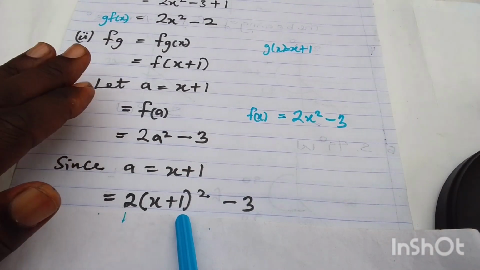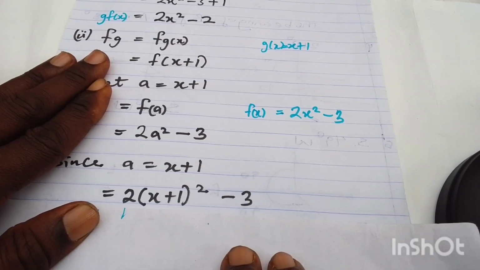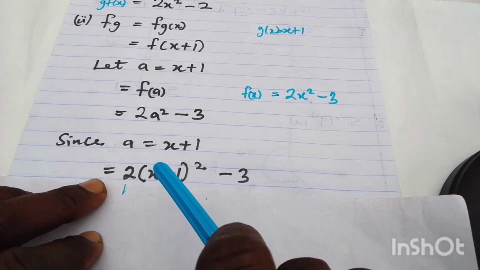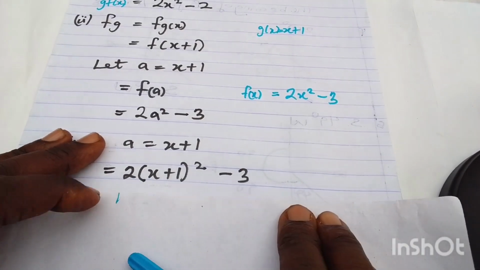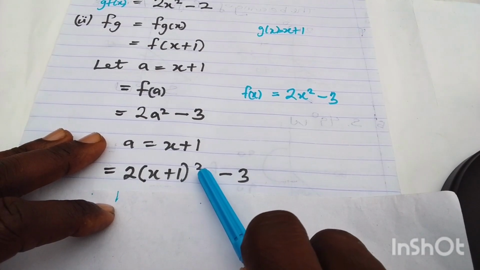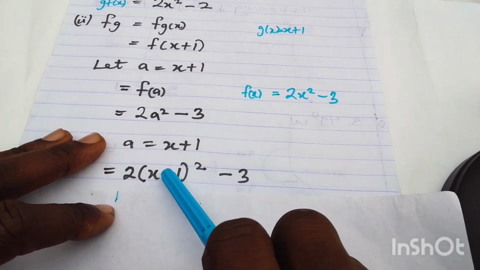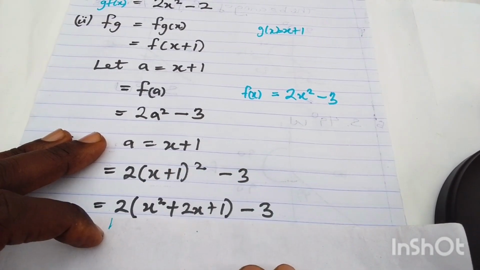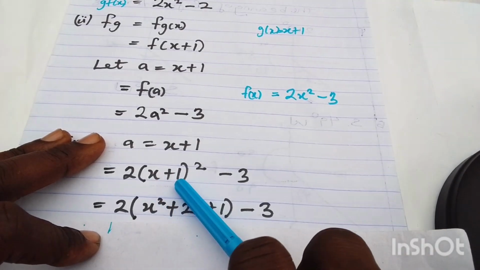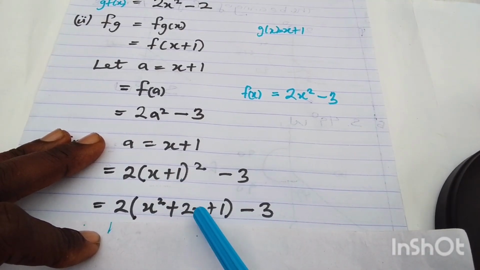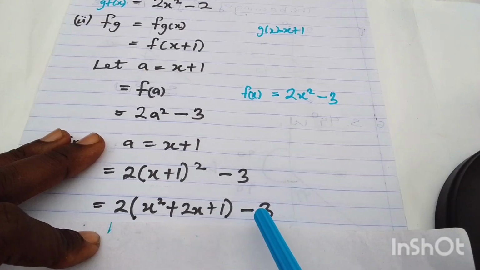We want to get the expression in terms of x. So you have 2 into bracket x plus 1 squared minus 3. First of all, expand x plus 1 to give x squared plus 2x plus 1, then minus 3.